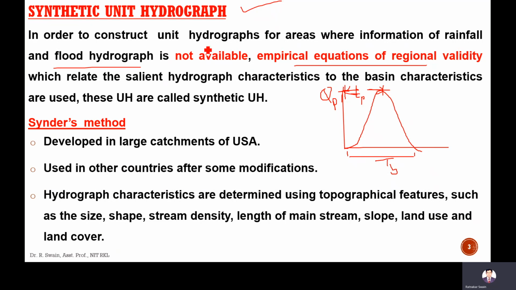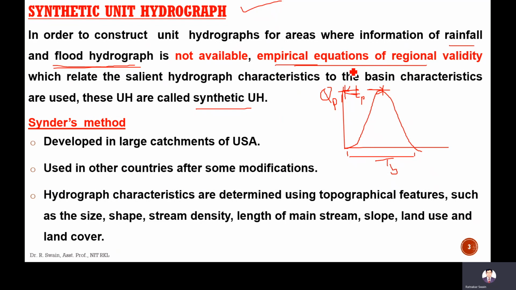So in order to construct a unit hydrograph for areas where information on rainfall and flood hydrograph is not available, empirical equations of regional validity, which relate the salient hydrograph characteristics to the basin characteristics, are used. These unit hydrographs are called synthetic unit hydrographs. It means when there is no information on rainfall and flood hydrograph, we use empirical equations developed for a specific region.